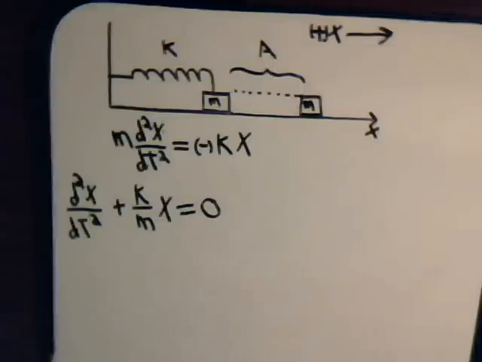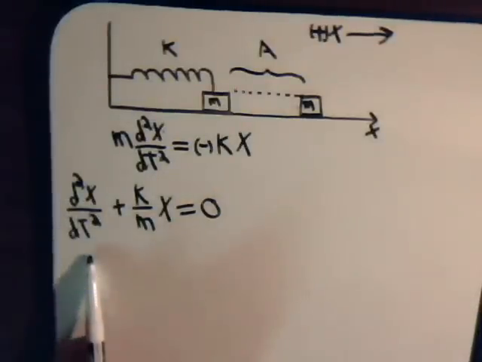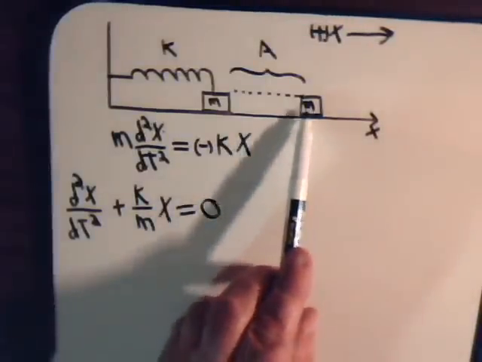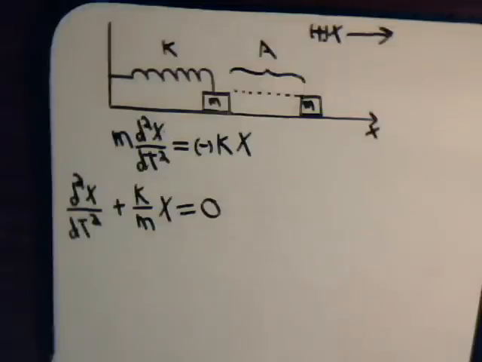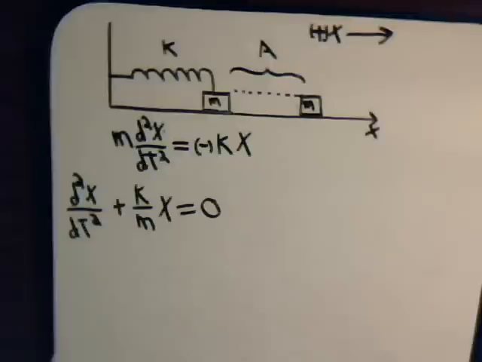So, a very simple second order differential equation. We should be able to solve it for x as a function of t, which means we can determine the position of the block along the x-axis at any time t once we solve this.